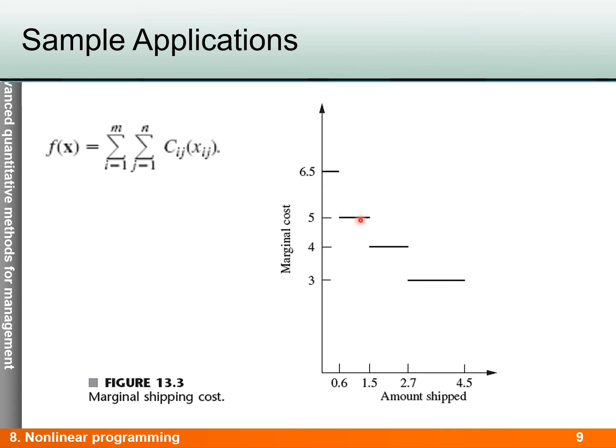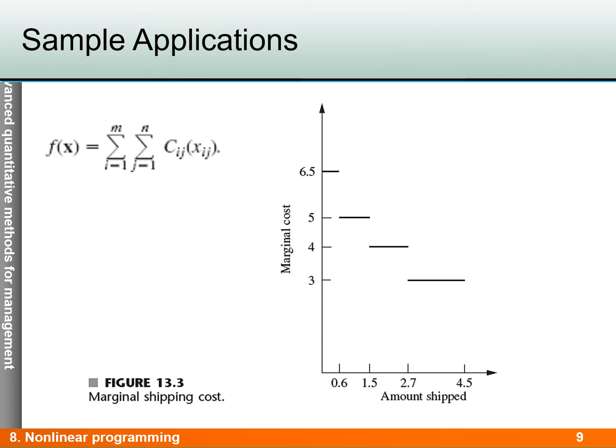If it's from 0.6 to 1.5, it's 5, up to when it's shipping from 2.5 to 4.5, the price is 3.